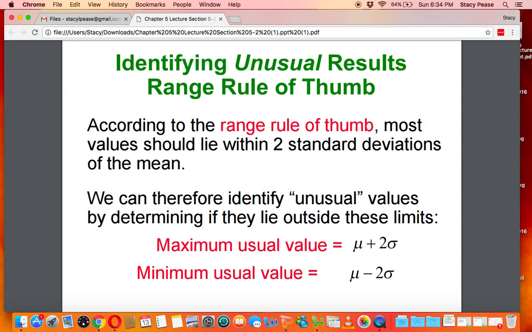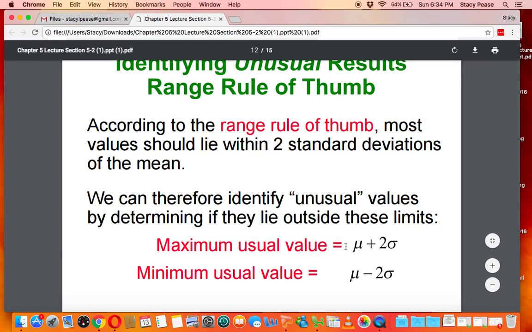Similar to what we've seen in the past, you can use range rule of thumb for probability to determine whether a result is unusual or usual. So according to range rule of thumb, most values should lie within 2 standard deviations of the mean. Therefore, we can identify unusual values by determining if the value lies outside of a maximum usual value and a minimum usual value.